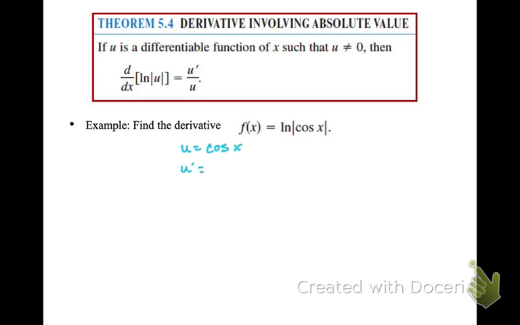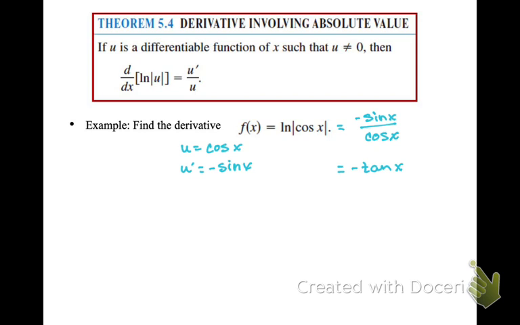Negative sine of x. So it is negative sine of x over cosine of x, which is negative tangent of x. If we can change it into sine, cosine, or tangent, should we always do that? Yes.